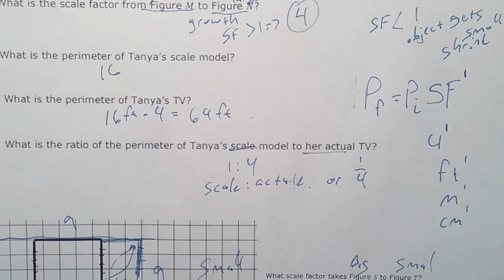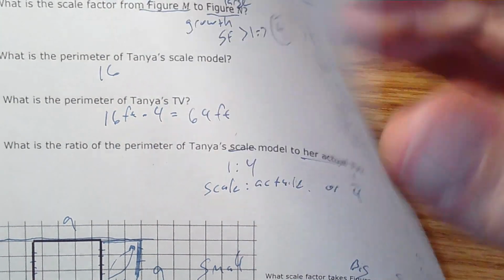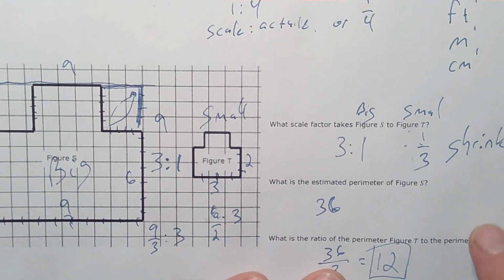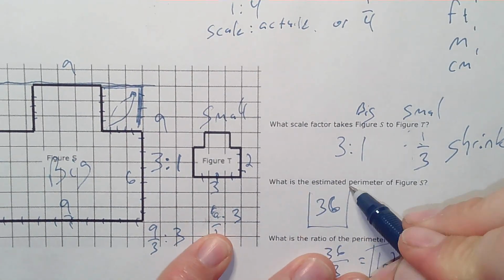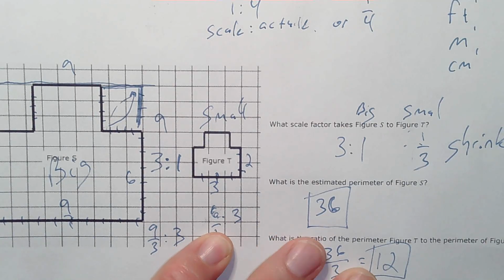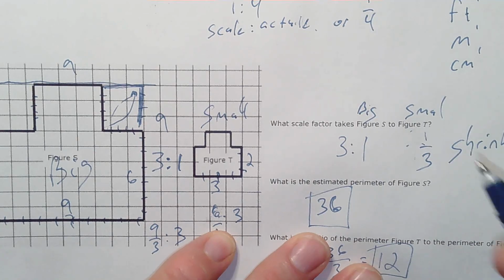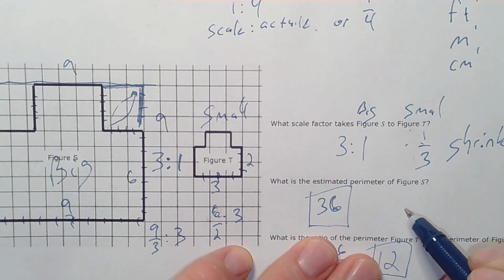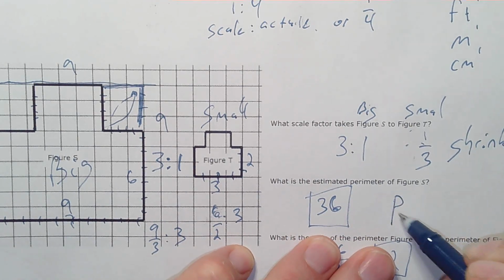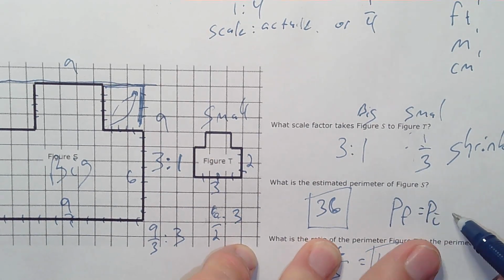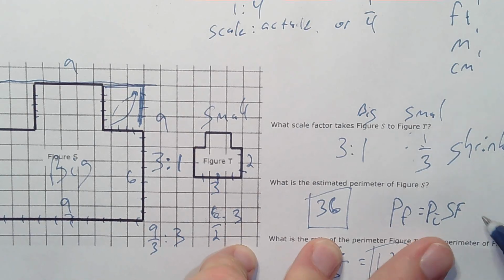Okay? So if all I had was my scale factor, right? And I knew that my initial was 36, and I knew that my scale factor was 1/3, I would say that my perimeter final equals my perimeter initial times my scale factor to the first.